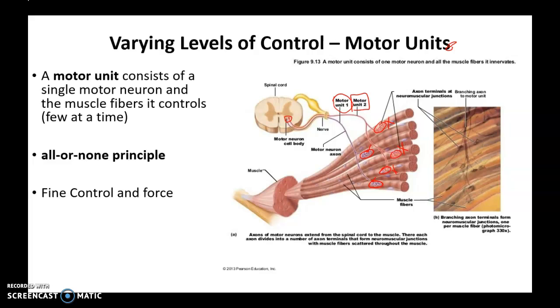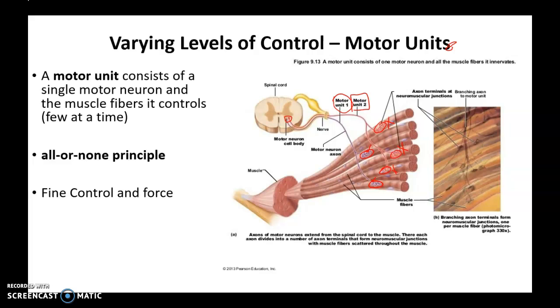However, let's say you are traveling and you are at LAX. Really bad example under these situations, but you are lifting up a heavy suitcase. Do you need to generate a lot of force? Yes, you do. Then you will recruit as many motor units as you can in the muscle. When you are generating a lot of force, you recruit more motor units because you need a greater contraction.